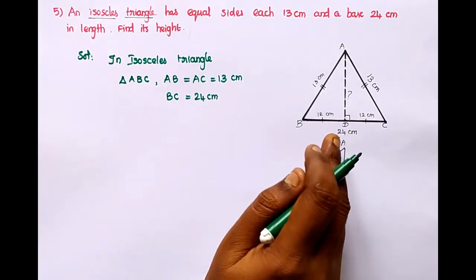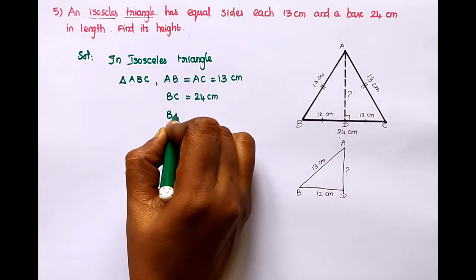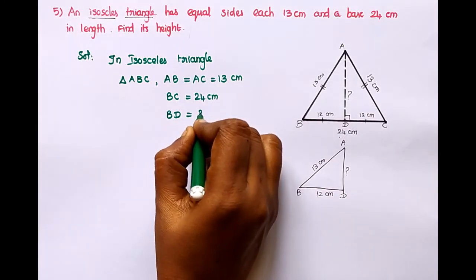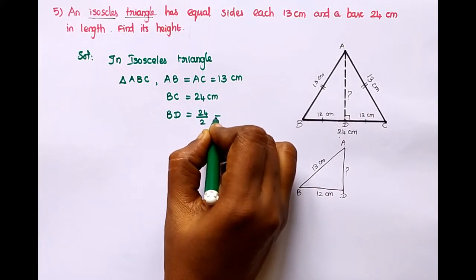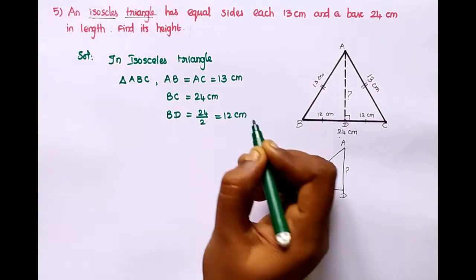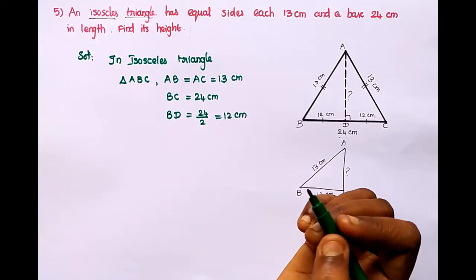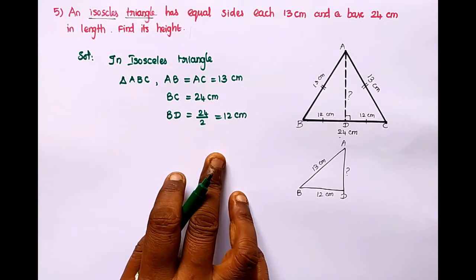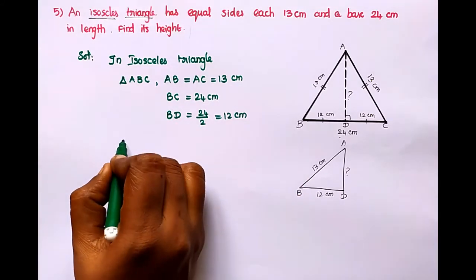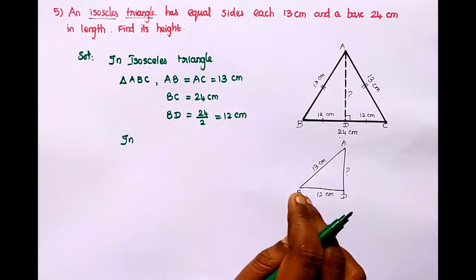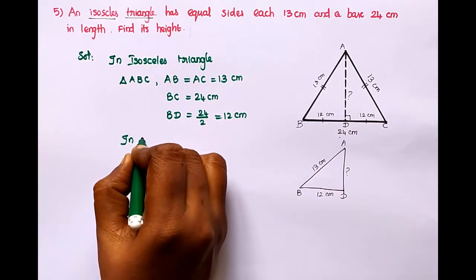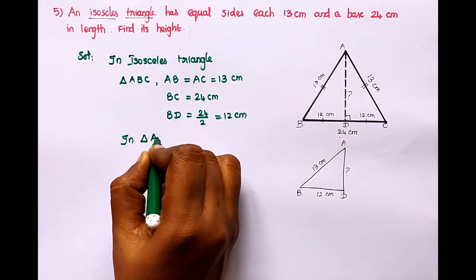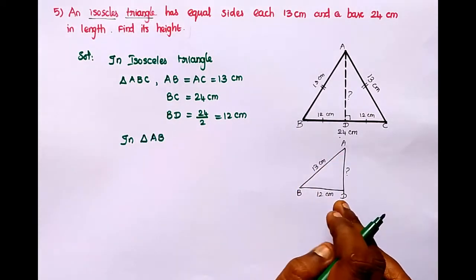So BD equal to 24 divided by 2, that is equal to 12 centimeter. Now we have to find out AD in triangle ABD.